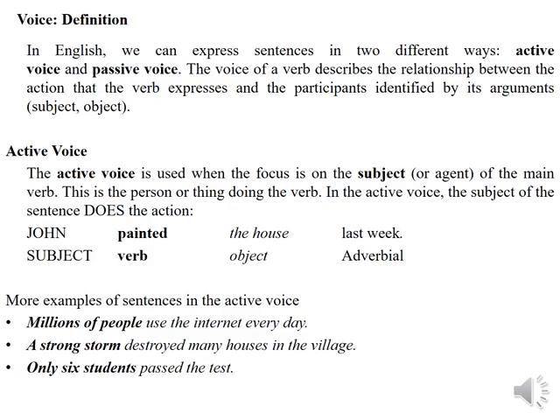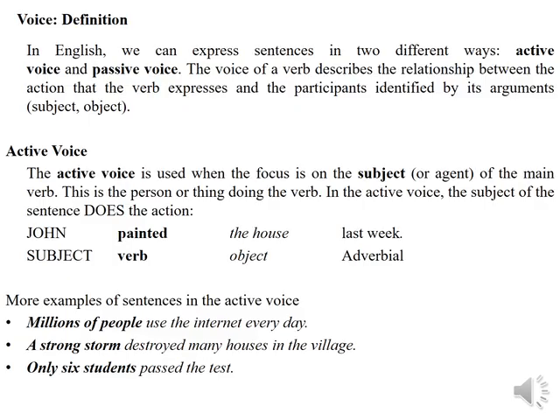That is what we refer to as voice. When we talk about voice, it has to do with the relationship between the action that the verb expresses and the participants in the sentence. So let's take the first one, which is active voice.